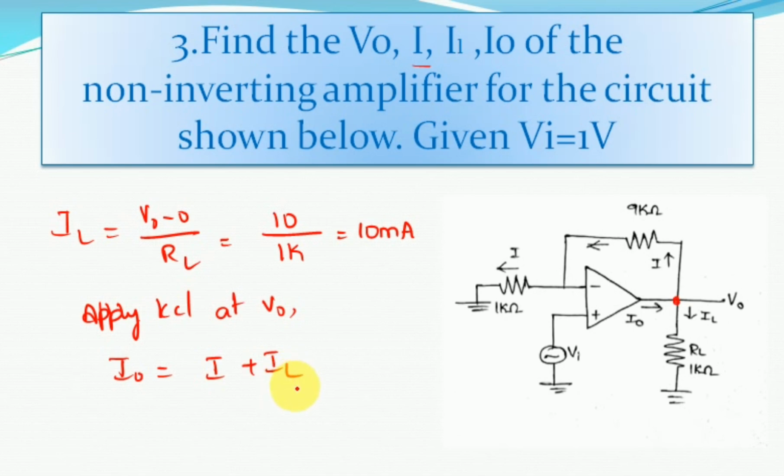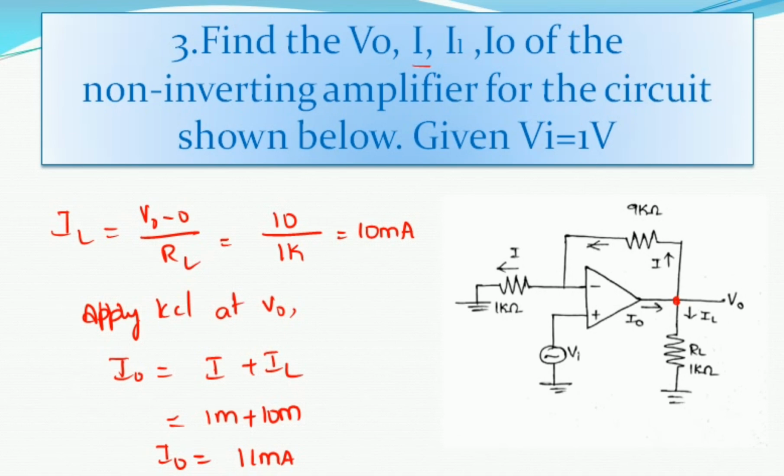Already we have found the value of IL as 10 milliamperes and I as 1 milliampere. Simply substitute it, we will get 1 milliampere plus 10 milliamperes. So finally the value of I0 is 11 milliamperes. In this way we have to find the output voltage and the currents of the given non-inverting amplifier circuit.